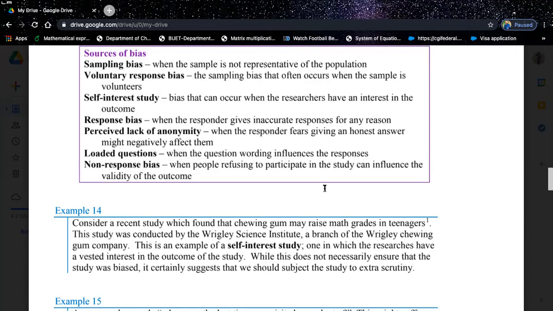So what it means, when people refuse to take part in the survey, in the study, is that it could work against the validity of the outcome.